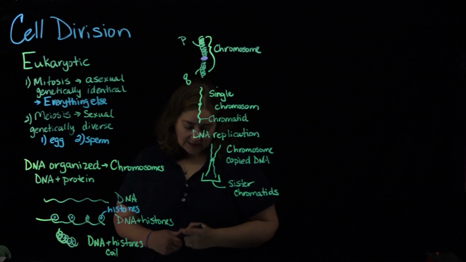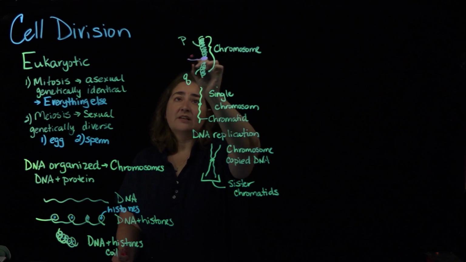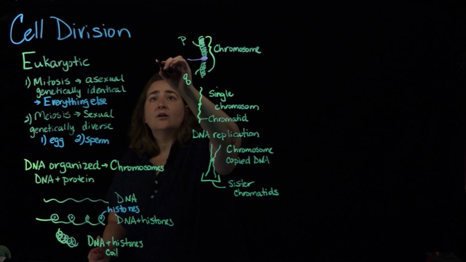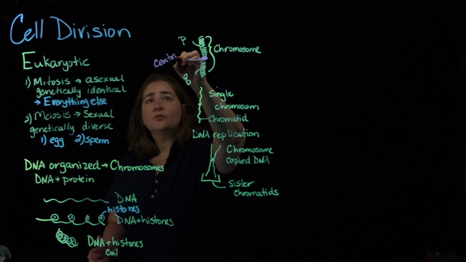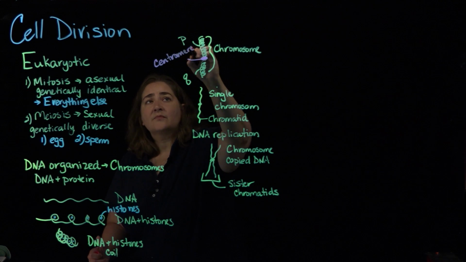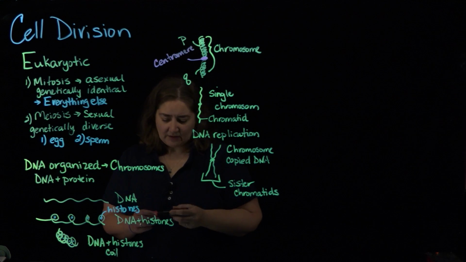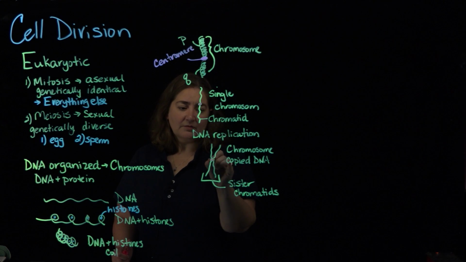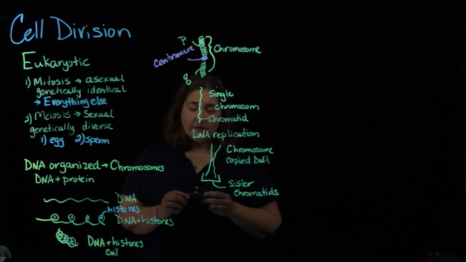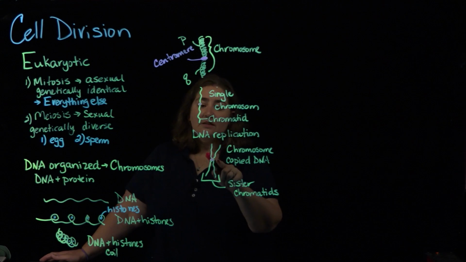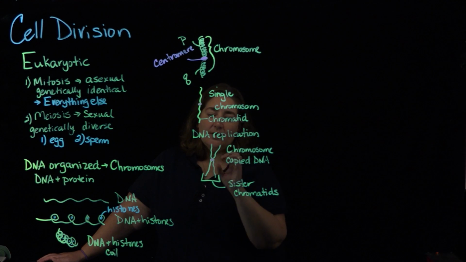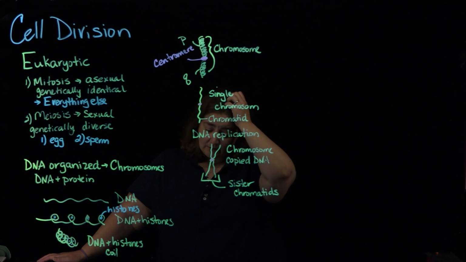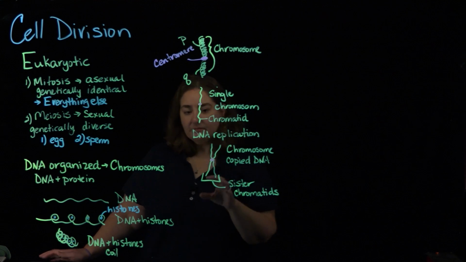And I guess I should define this. I don't know why I would wait, but what holds those together is the centromere. So there's a centromere here, there's a centromere here. Those are going to hold the P and the Q arm together. The centromere is also going to be where you hold the sister chromatids together as well.